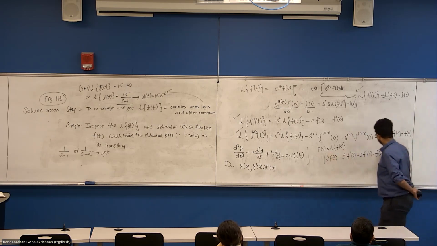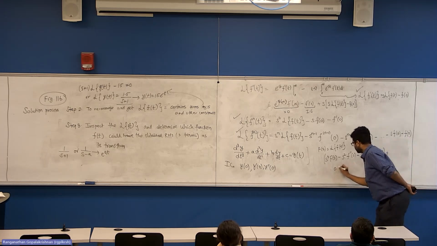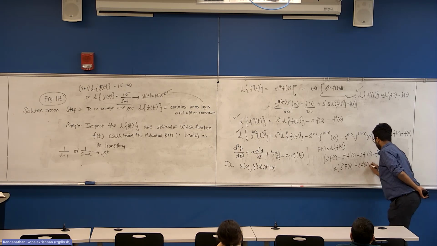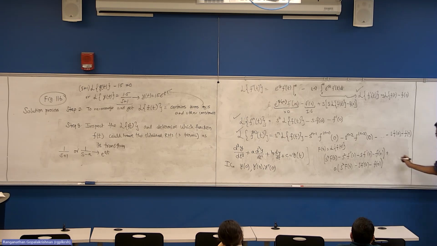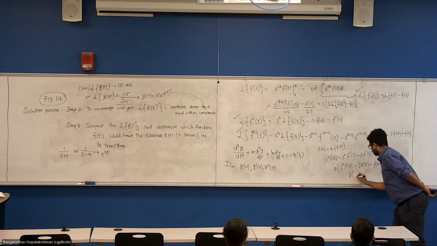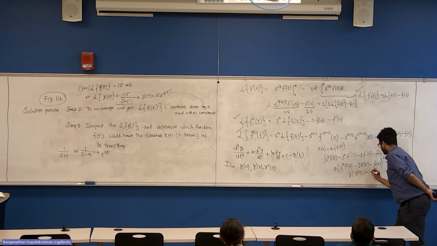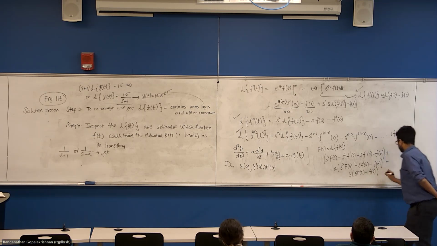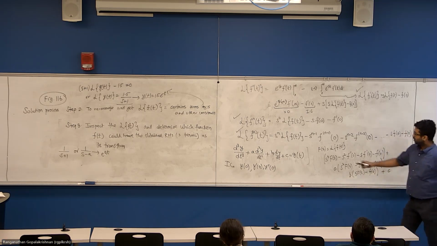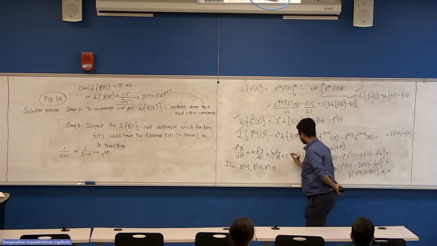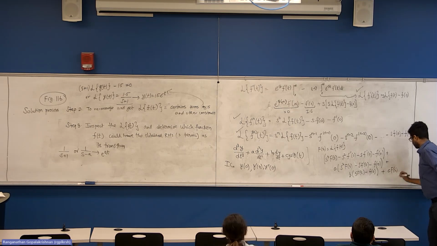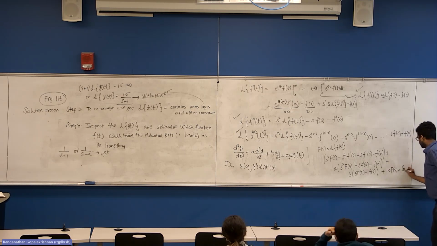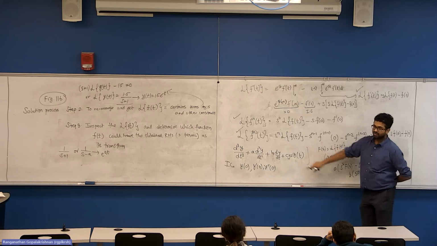This is the first term, plus a times s squared F of s minus s f of 0 minus f dash of 0. That is the second term, plus b times s F of s minus f of 0, plus c times F of s equal to, let's call it G of s, the Laplace transform of the right side.